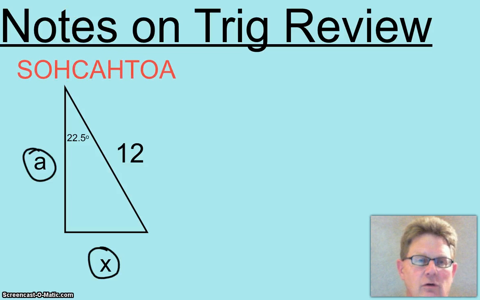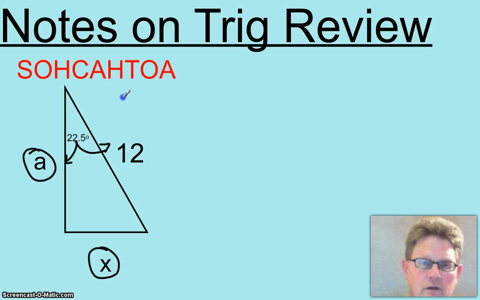Yeah, that's right, it was SOHCAHTOA, I remember now. So looking at the 22.5 degree angle, the A is the adjacent side and the 12 is the hypotenuse. Cosine, so the cosine of that 22.5 degree angle equals A over 12.